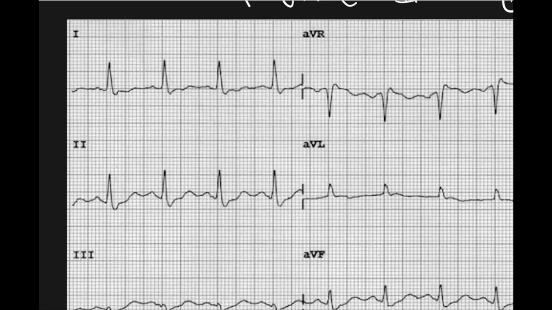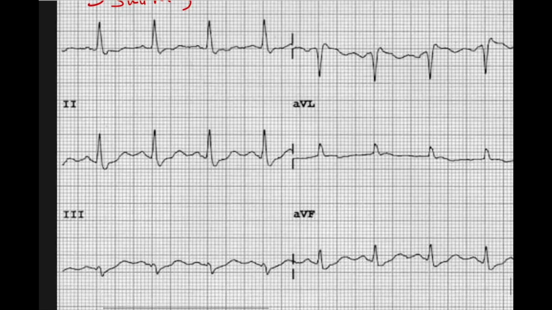And this time I'm only going to write and point out things as we find them. I'm going to pick up the pace a little bit as if we were really analyzing these 12 leads. So I see upright P waves, I see a little bit of S slurring, I see an RS complex, and I see a positive T wave, so we're good.